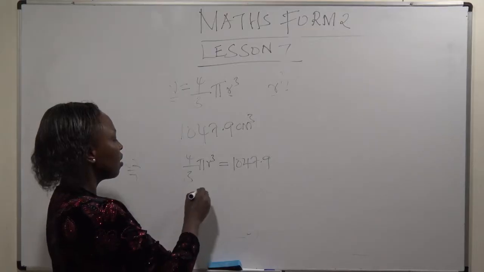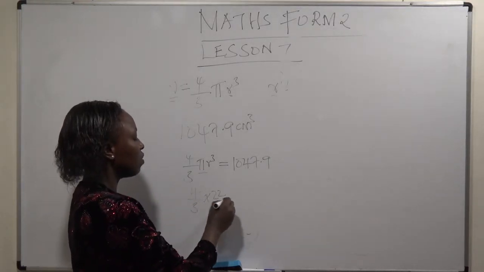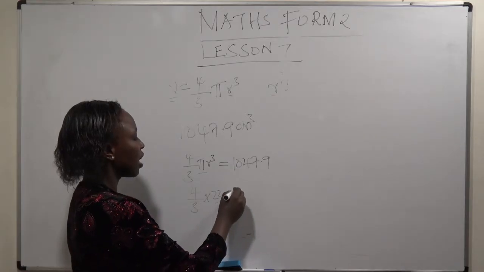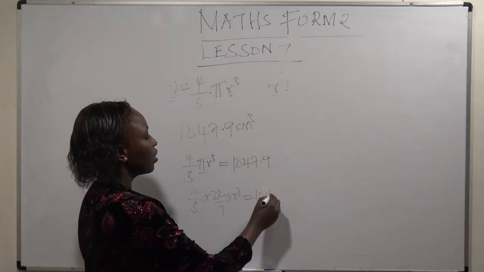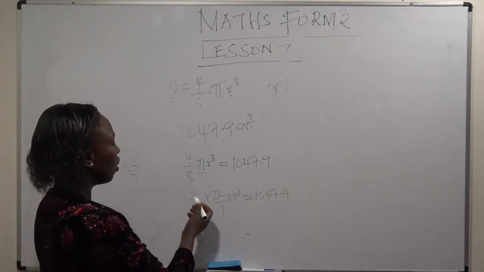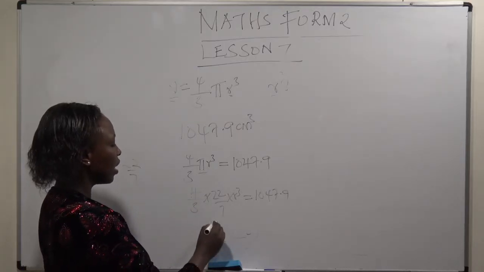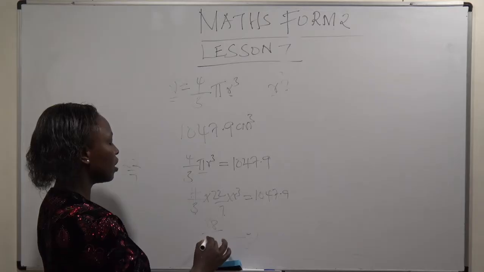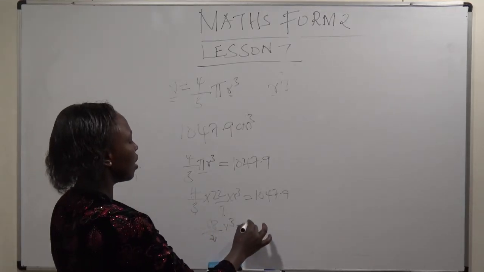So we substitute 4 over 3 times 22 over 7 times r cubed is equal to 1,047.9. Multiplying out, 4 times 22 gives us 88 over 7 times 3 is 21, r cubed equals 1,047.9.